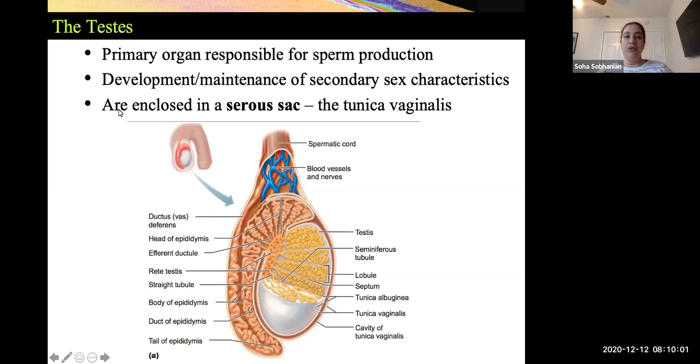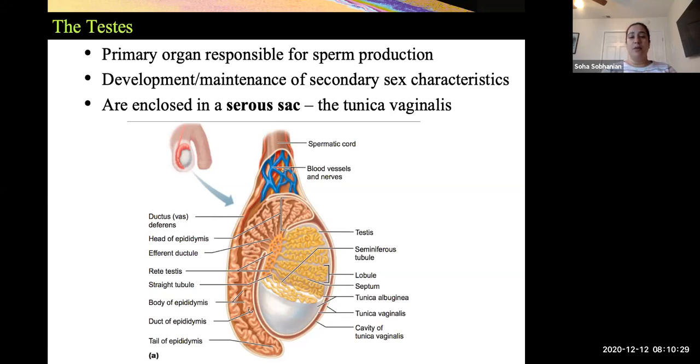Now, the other thing I want you guys to visualize in this organ is what we call a serous sac. We have heard of it multiple times already, right? We had it around the heart, we had it around our lungs, we had it within our digestive system, like pericardium, peritoneum, and pleura, when we talk about different organs.